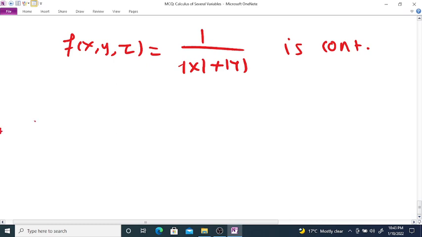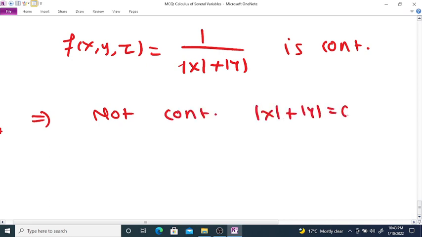Now we know that this function is not continuous if mod of x plus mod of y equals 0. But mod of x plus mod of y equal to 0 has only the solution x equal to 0 and y equal to 0.